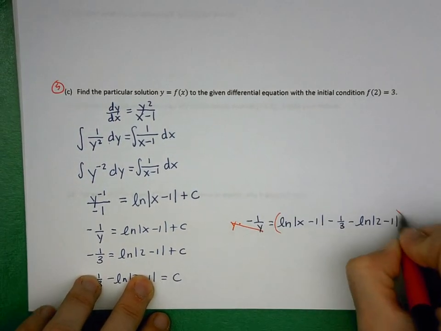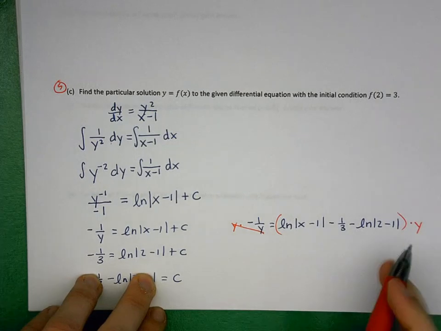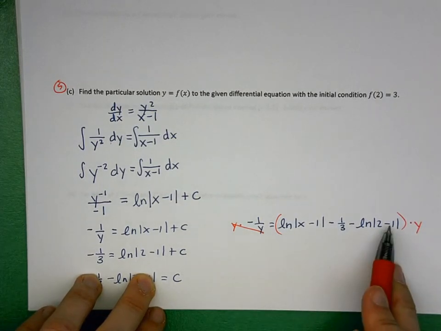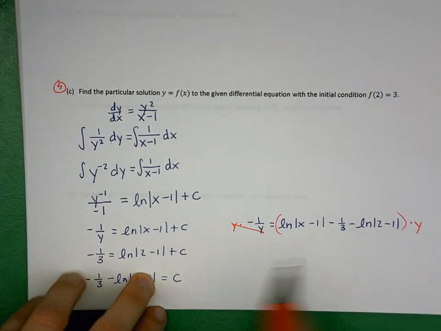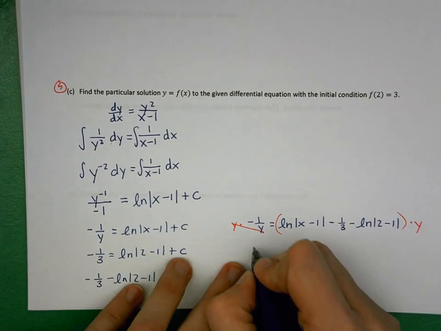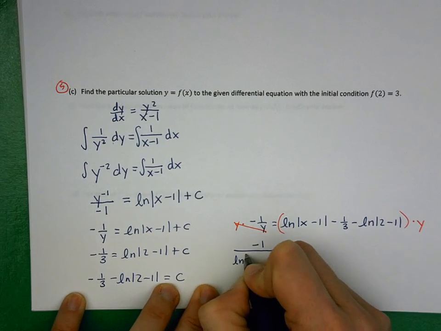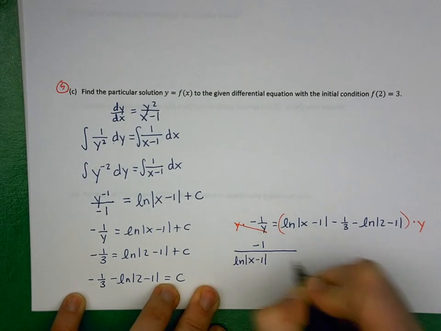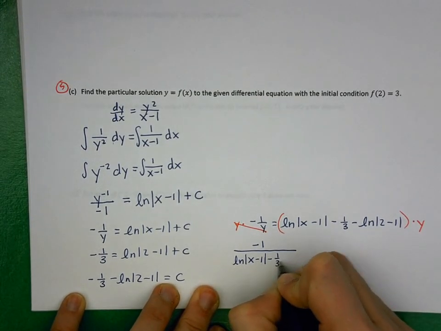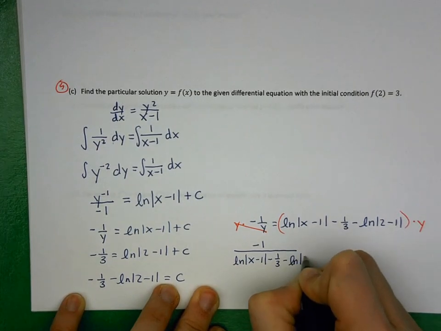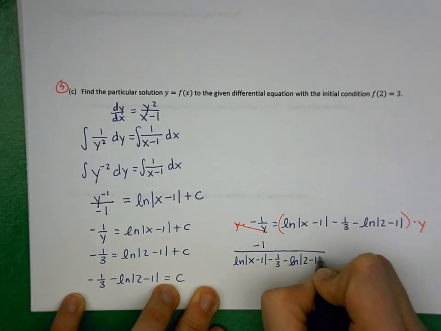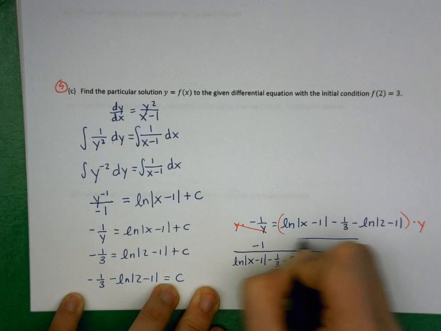So let me go ahead and do that. And then dividing this element underneath the -1 on this side to get y by itself. So y equals -1 over the natural log of absolute value of x minus 1 minus 1/3 minus the natural log of the absolute value of 2 minus 1. Okay?